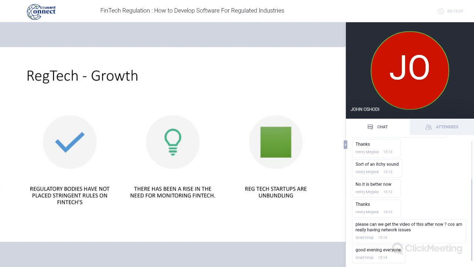Okay, so how is RegTech known? What we found is that in the fintech space, the regulatory bodies have not had a stronghold on startups or fintechs since the financial crisis of 2008, because what they wanted to do was foster the growth of innovation and allow people to use new technologies to make a difference.